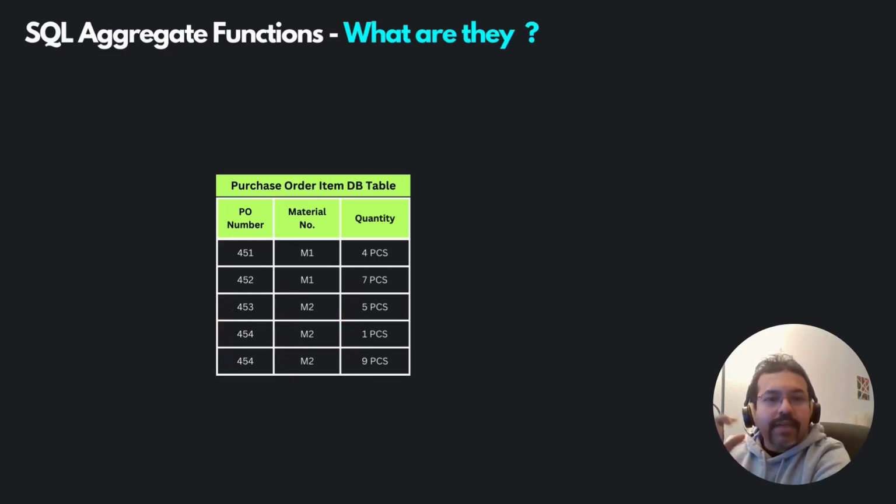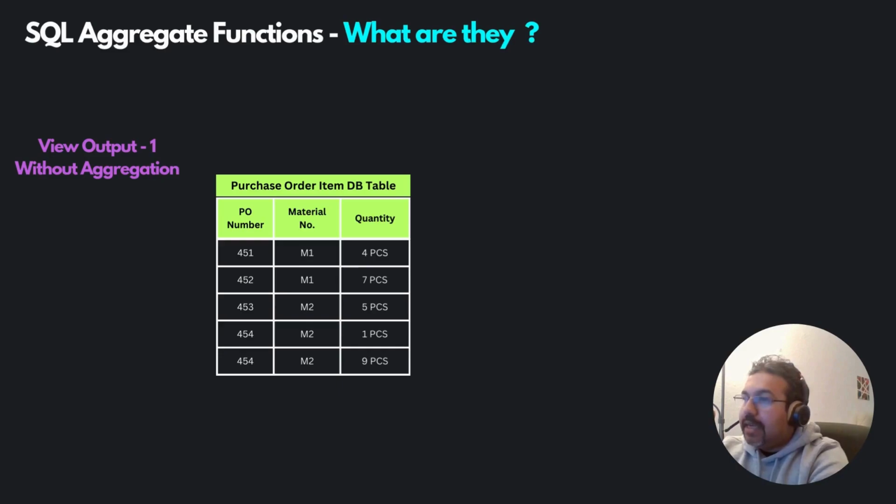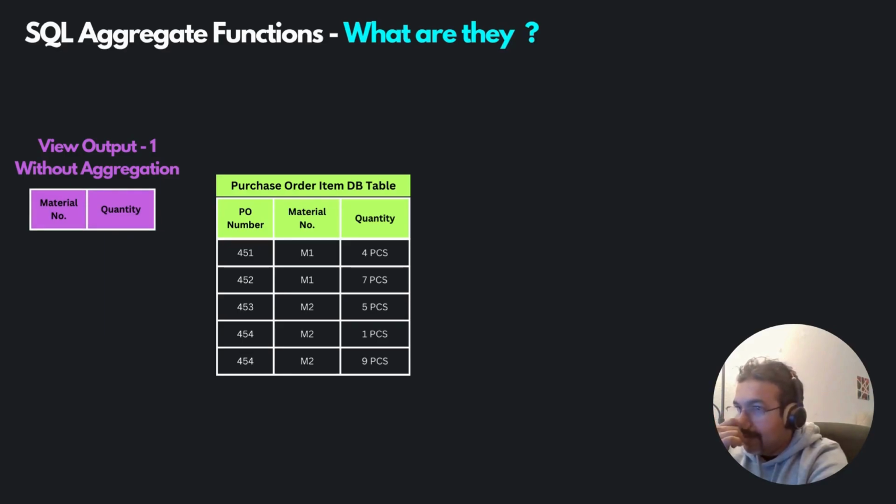Now, if I were to set up a projection view by building a normal CDS view entity on top of this table, and in the view output, if I had included the fields material number and quantity, my view output would look something like this.